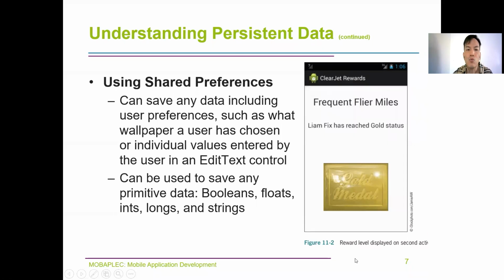You can use it to save different ADT, or abstract data types. The preferences in persistent data actually use only primitive data types. So those commonly used are int, Boolean, float, string, and long. Those are the primitive data types that enable us to share the preferences.